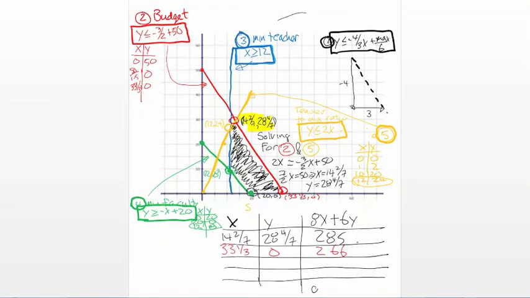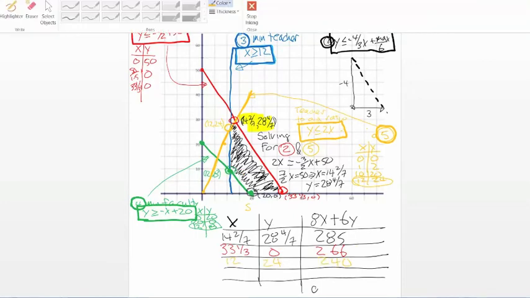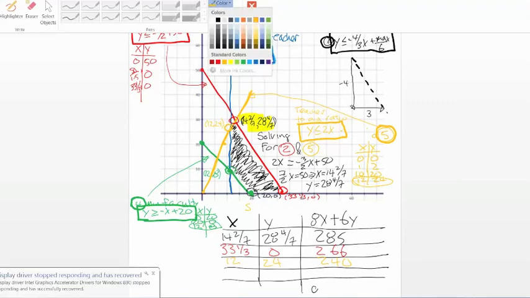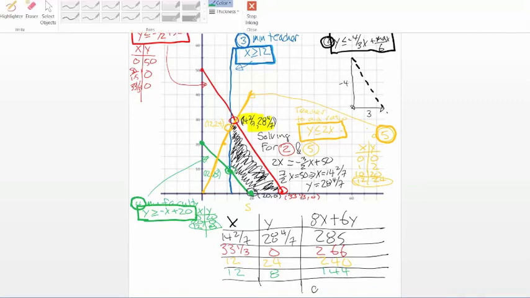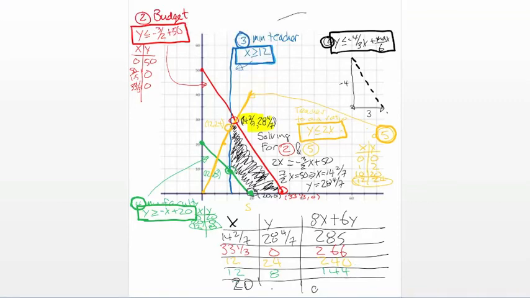So 33 1/3, 0 is a little bit less. And then 12 and 24 is even less. And then, as you might guess, 12 and 8 is less than that. And then the 20, 0 is in between those 2.